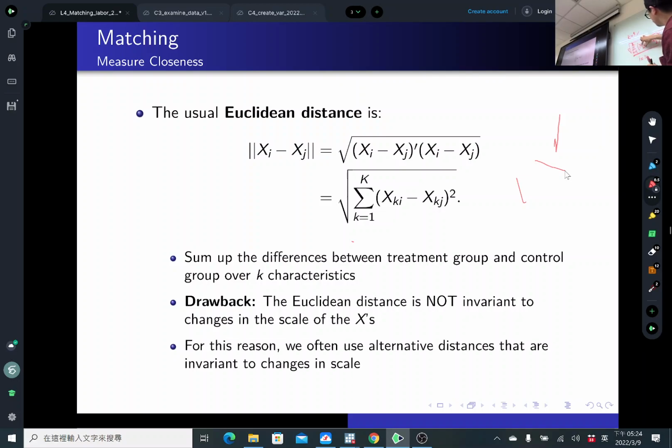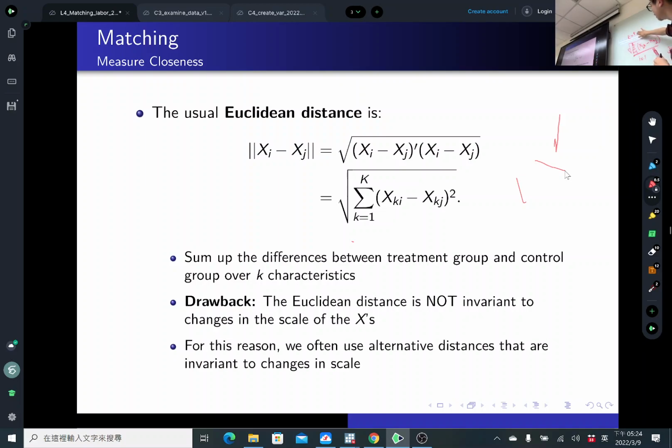For each individual i in the treatment group, and for each individual j in the control group, you will calculate one number. X is the characteristics, for example age.